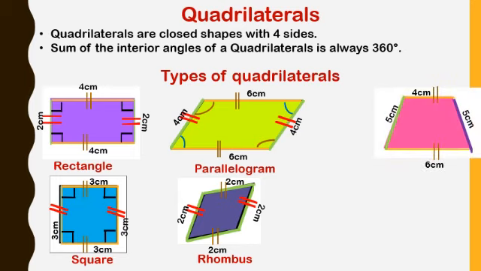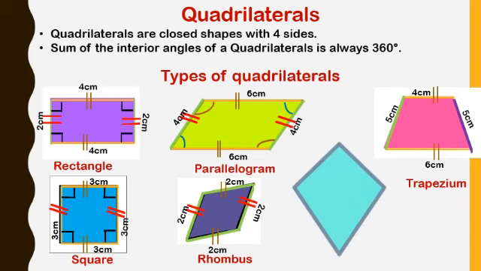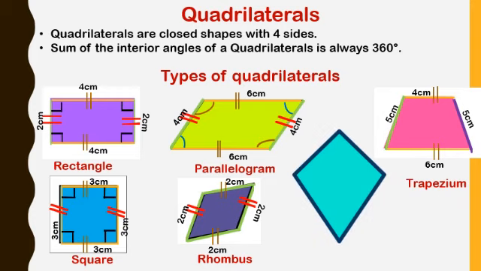Next quadrilateral is the trapezium. Here you can see only one pair of opposite sides is parallel. Next quadrilateral is the kite. Here two pairs of adjacent sides are equal.